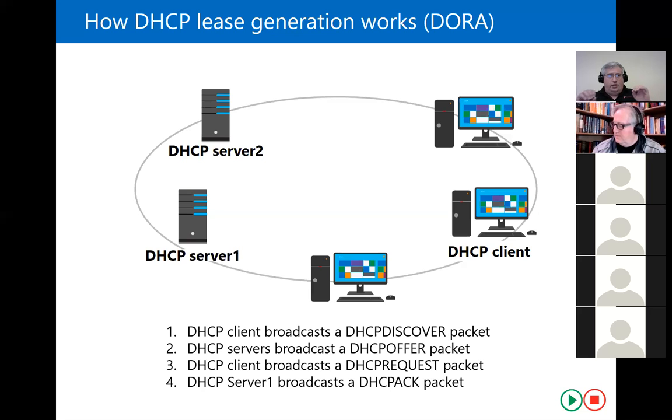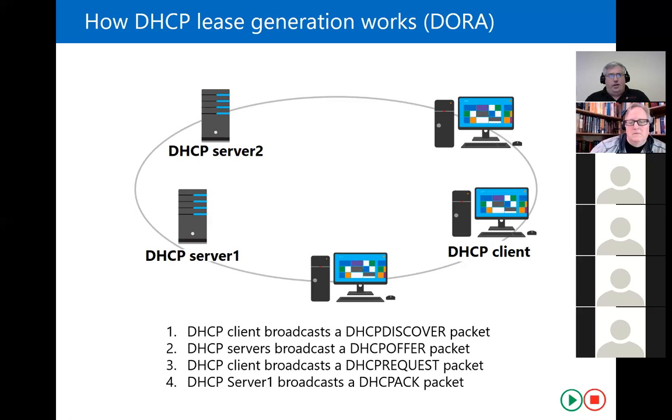And broadcast is a special type of packet, and basically it will go out and hit every node on the network trying to discover something. So in this case, it's a broadcast saying, hey, I need an IP address. I don't have an IP address. Are you a DHCP server? And hopefully one of those devices is a DHCP server.